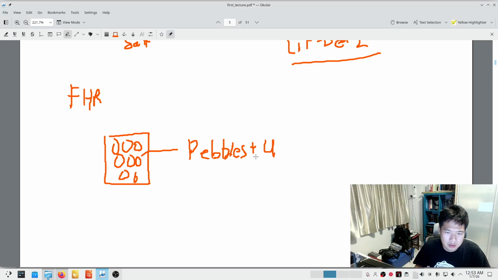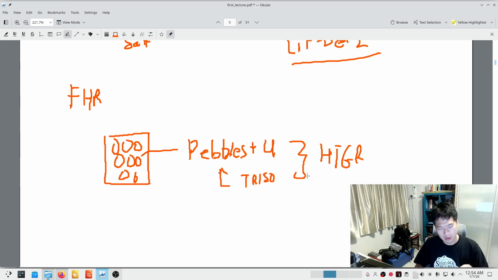These pebbles contain uranium encapsulated in what we call TRISO fuel, commonly used in the high temperature gas-cooled reactor, HTGR. In the HTGR, the pebbles are normally cooled by helium gas. But in the FHR, the fluoride salt-cooled high-temperature reactor, they are instead cooled by the same molten salt, flibe.